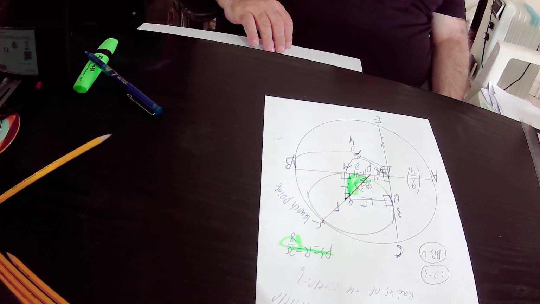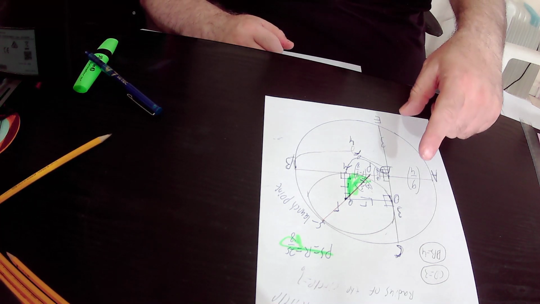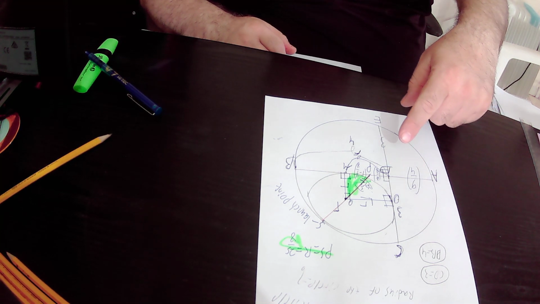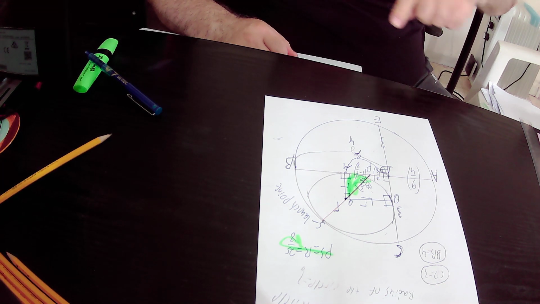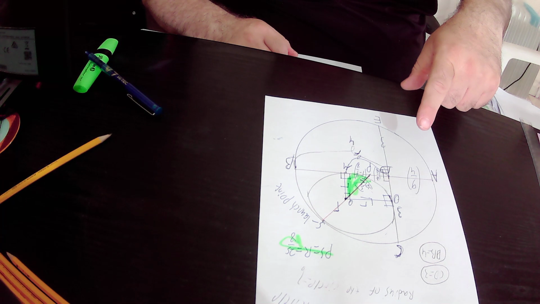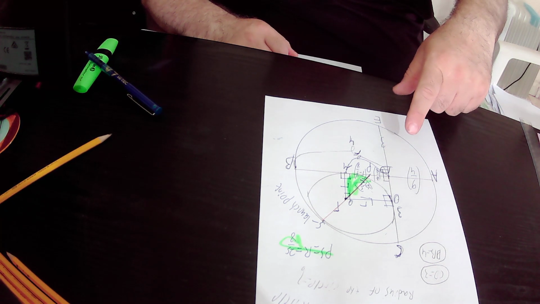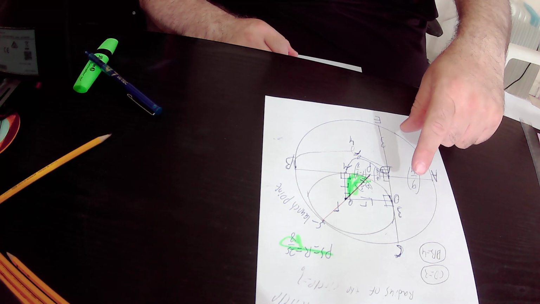And then when we extended line segment CD by a straight line, we created the mirror image of CD. ED that we created is a mirror image of CD.